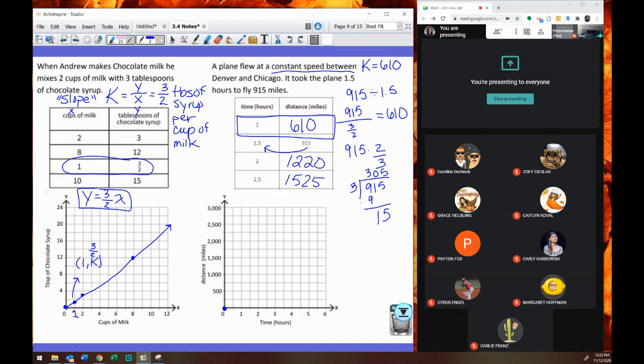So if I have 1 hour, 610, so right in between 500 and 1,000 is 750. So I'm gonna come somewhere in between 500 and 750. Then I'm gonna jump to 2 to try to graph 1220. So I'm gonna come over to 2, up to 1220. And again, my points have to create a straight line.